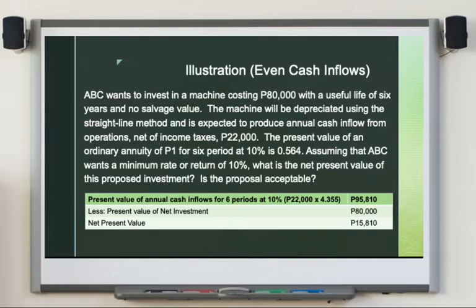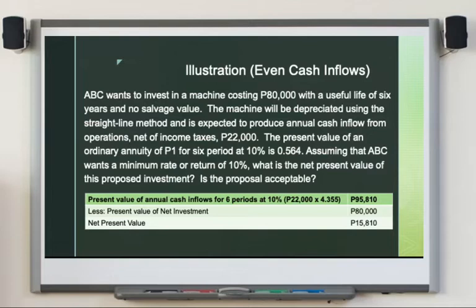So, in short, we are trying to pull back the future cash inflow today or in the 0 years using the present value factor of ordinary annuity because we will be receiving the 22,000 yearly.